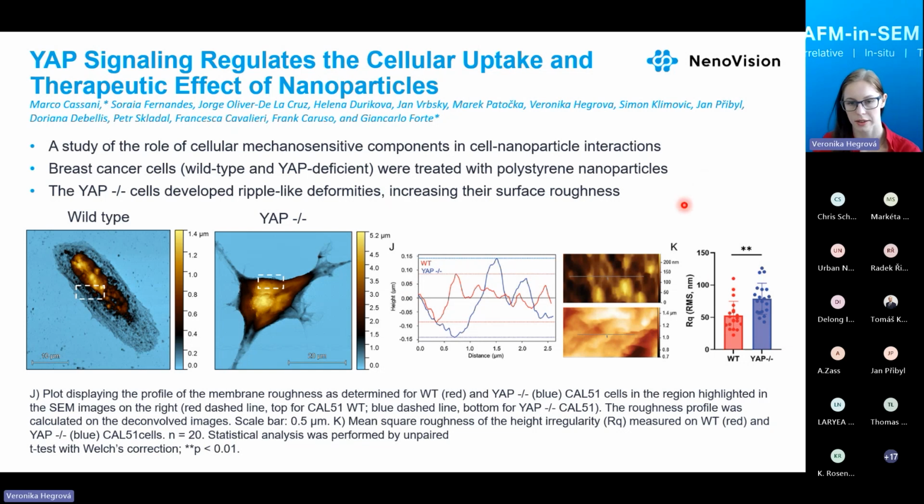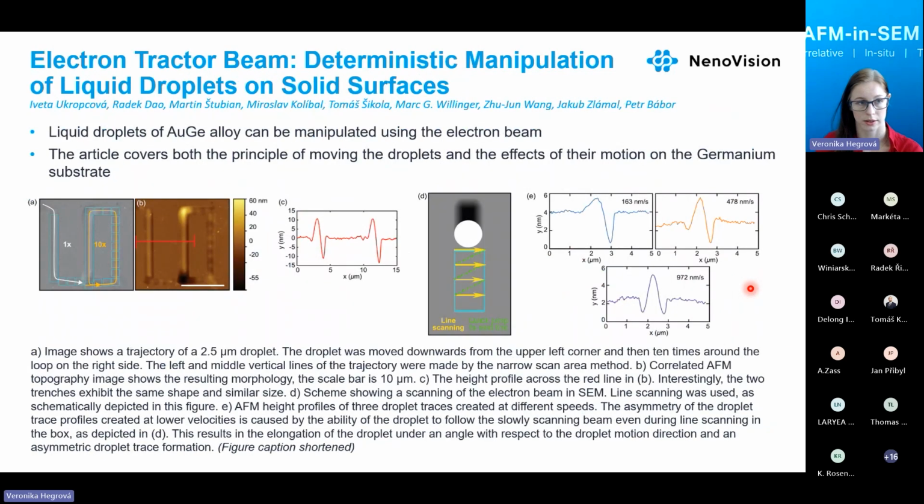You can see from the statistics that the roughness of the wild type is quite smaller than that of the ES-associated protein cell. The second one I'd like to mention is a paper from Iveta Ukroptsova, who studied the electron tractor beam: how the beam can move liquid droplets of gold germanium alloy, and how she can manipulate these liquid droplets using the electron beam.